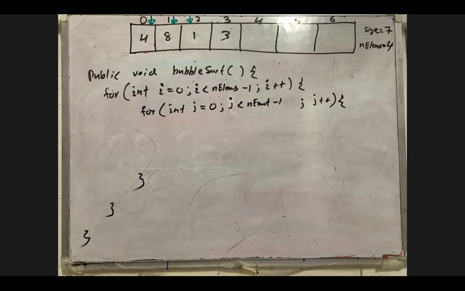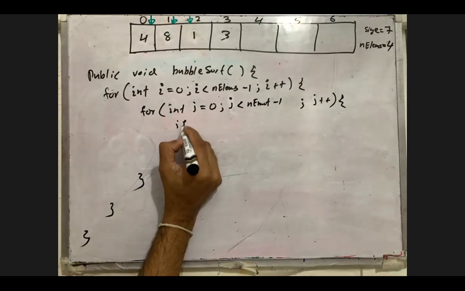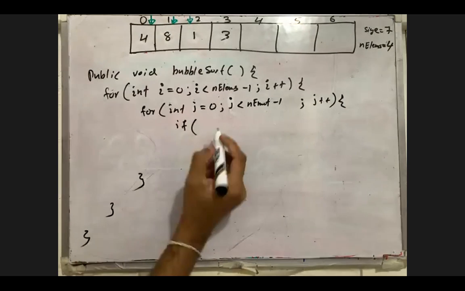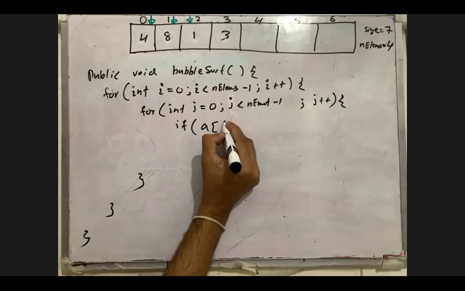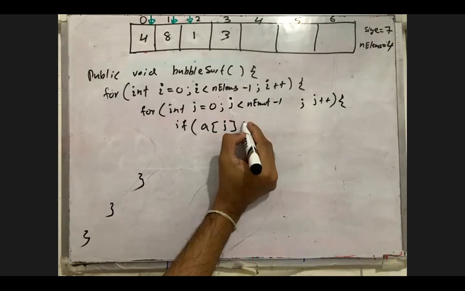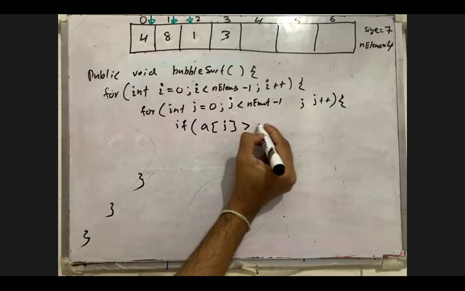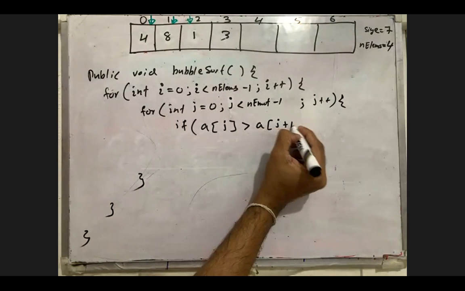Here, what you need to do is check whether array j location is greater than array j plus 1 location.